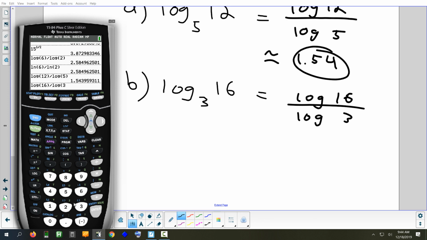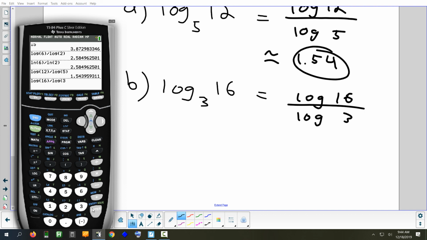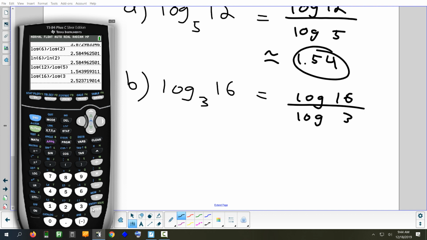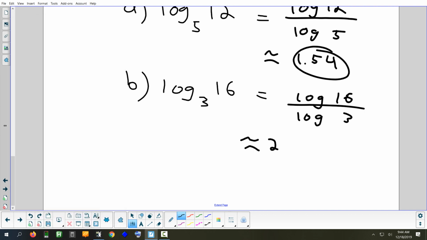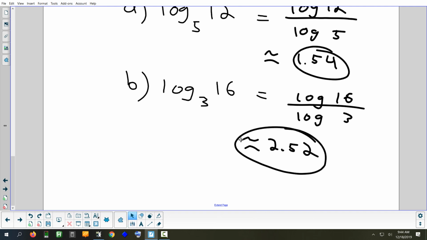Doesn't really matter if you close the parenthesis there because you're done typing. If you don't close it after the 16, it will come out wrong. About 2.52. Okay, and that's how you type in logs that are not base 10 or base e.